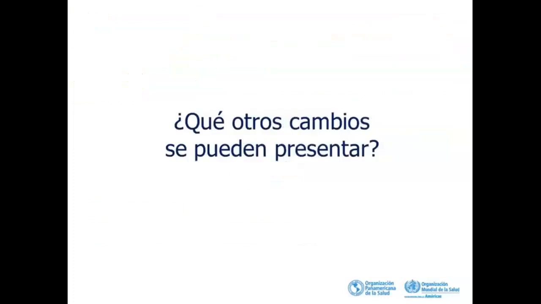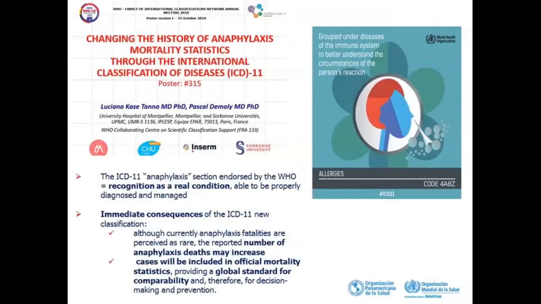That is the case that Robert mentioned, which are allergies. They have carried out a work with the databases from Brazil on how, through the adoption of ICD-11, this event truly, and I've copied this completely from the text, this will be in mortality, which is key. So events that are now unknown due to the effect of the classification, we will know them with ICD-11, and without a doubt, that is what many need and want.